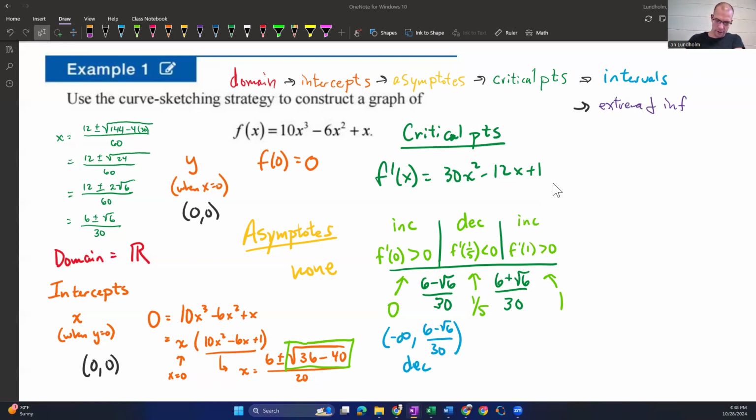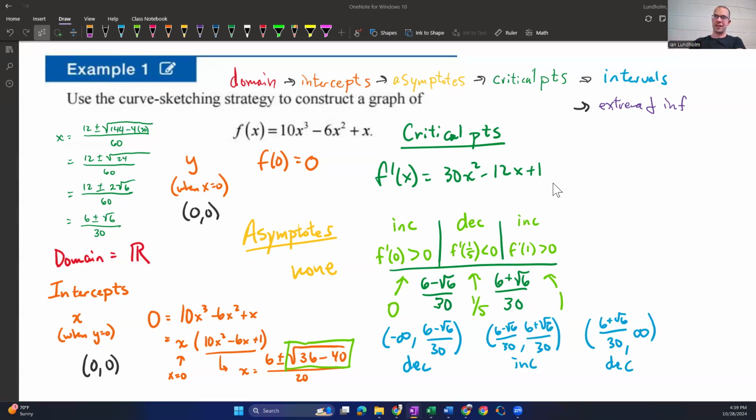And then in between those two points, (6 minus square root of 6) over 30 to (6 plus square root of 6) over 30, that's an interval of increase. And then the last one, (6 plus square root of 6) over 30 to infinity, that's an interval of decrease. So those are all good things to know.